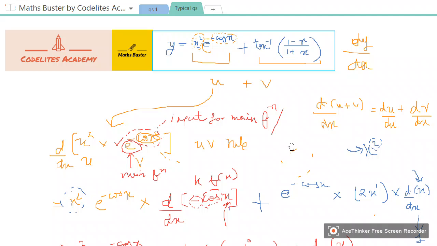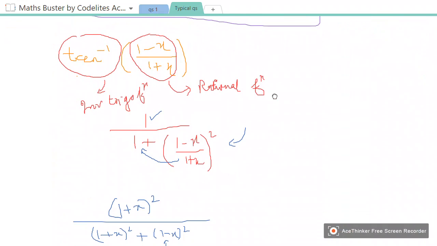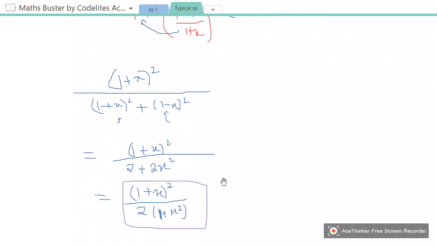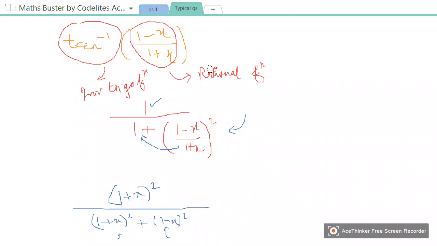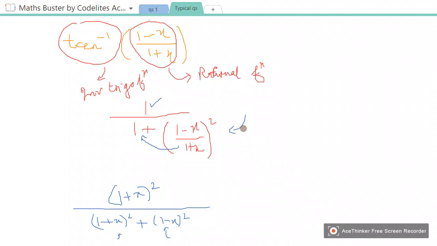Students, in this question which we have solved, the term tan inverse of 1 minus x upon 1 plus x is not totally differentiated, so your answer will not end here. Why? Because chain rule will be applied here.